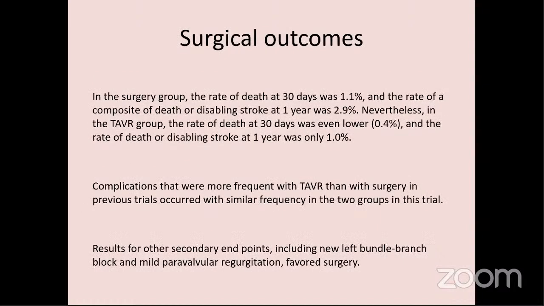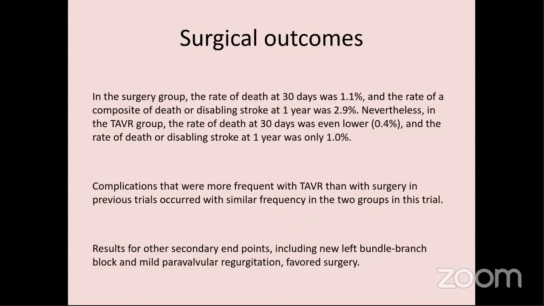The surgical outcomes: in the surgery group, the rate of death at 30 days was 1.1, and the rate of the composite of death or disabling stroke at 1 year was 2.9. In the TAVR group, the rate of death at 30 days was lower, 0.04, and the rate of death or disabling stroke at 1 year was 1%.